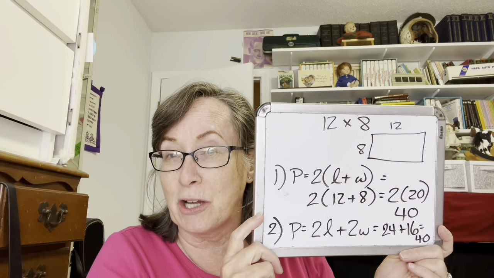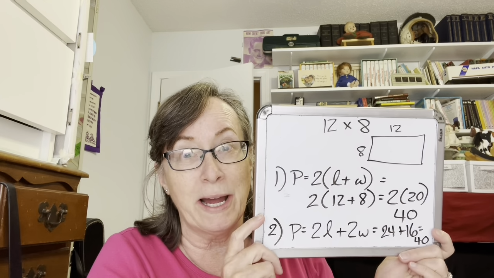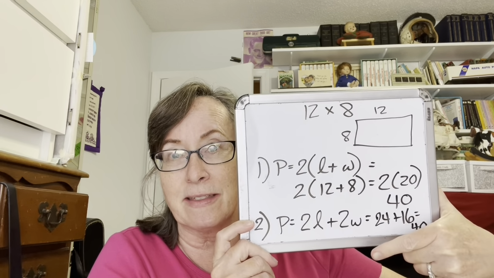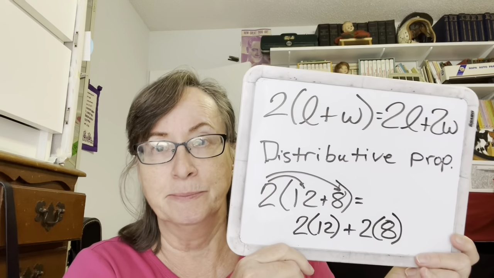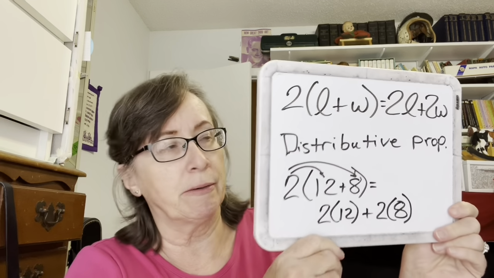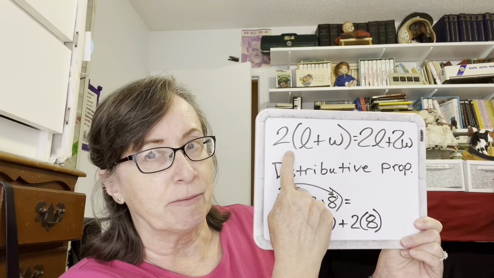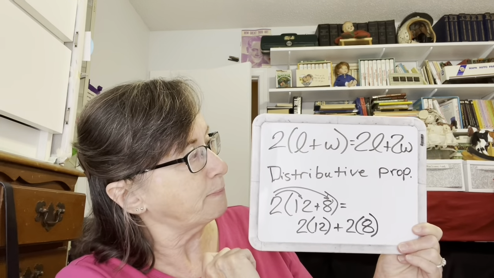But now we're going to talk about the distributive property, which is the one that turns this formula into this formula. Okay, so here is a little picture of what we're doing. So here is the first equation, twice the length plus the width.